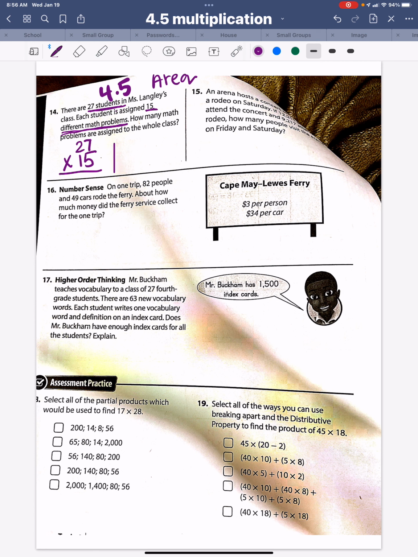Because this is the back of the sheet from yesterday, all right? So I'm going to put 20 and then 7 up here, and then I'm going to put 10 because that's in the tens place, and then 5 ones, okay?